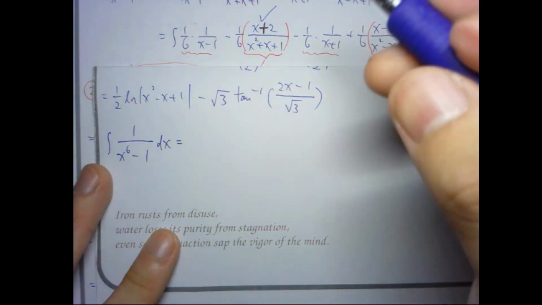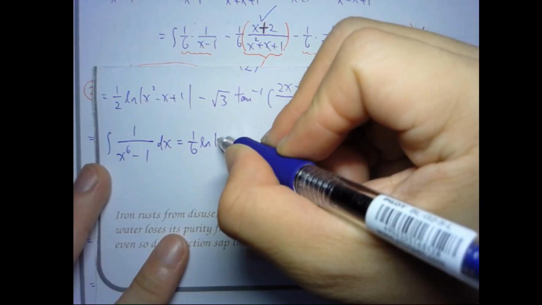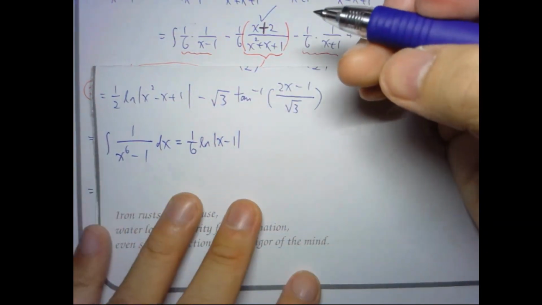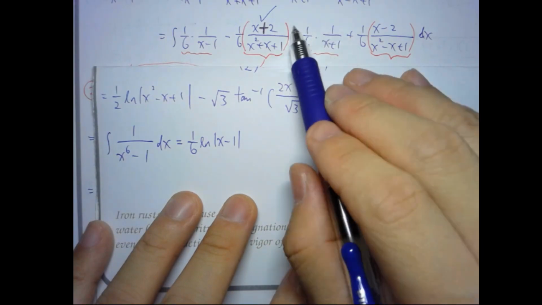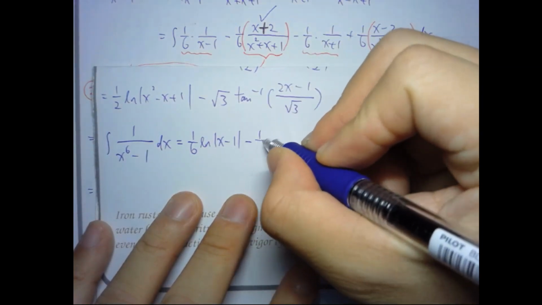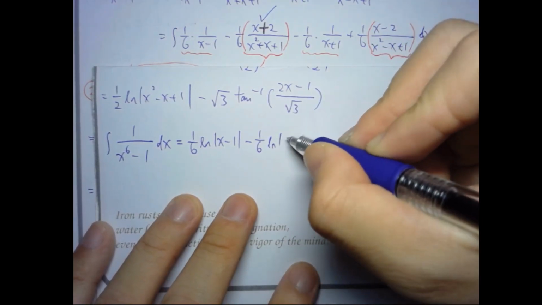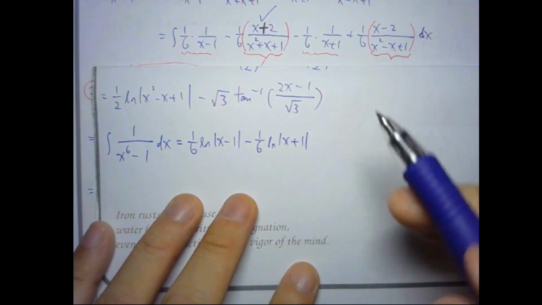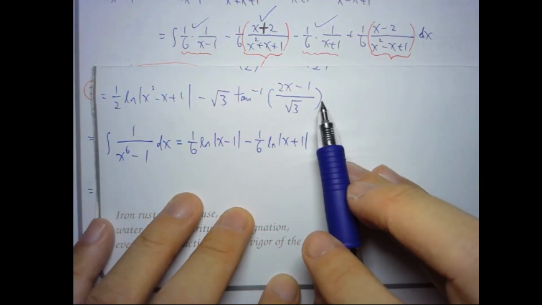This one, which is 1 over 6 natural log absolute x minus 1, and then negative 1 over 6 natural log of x plus 1. Okay, so this one and this one we cancel.